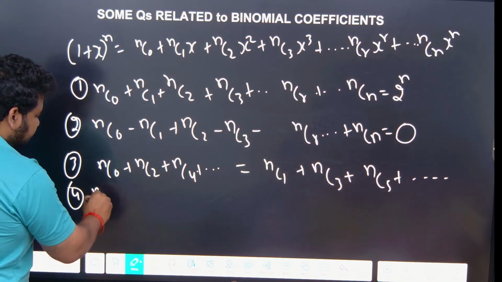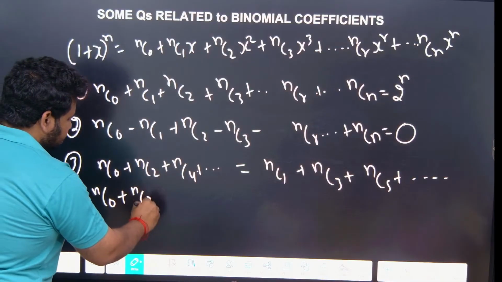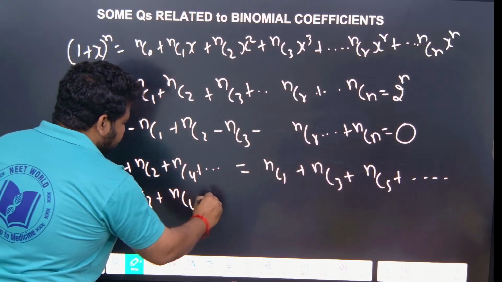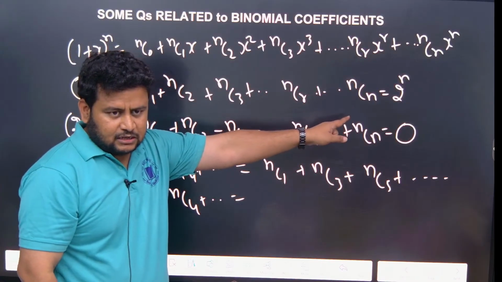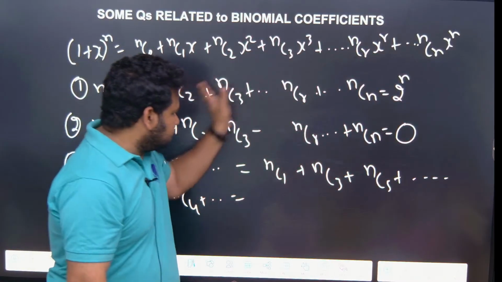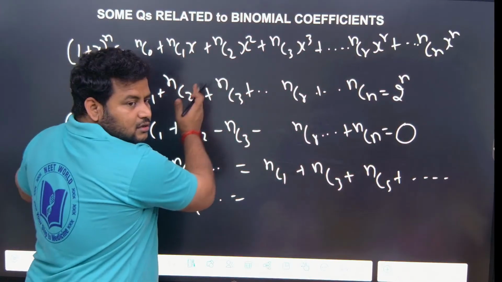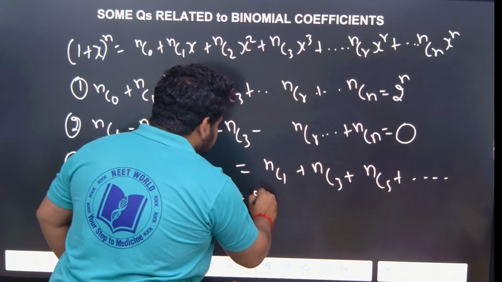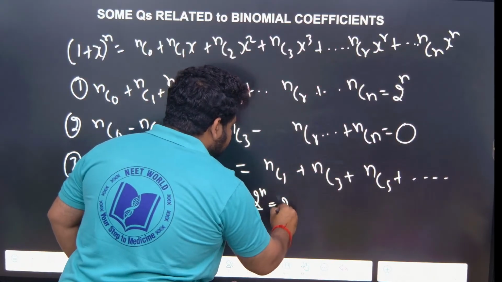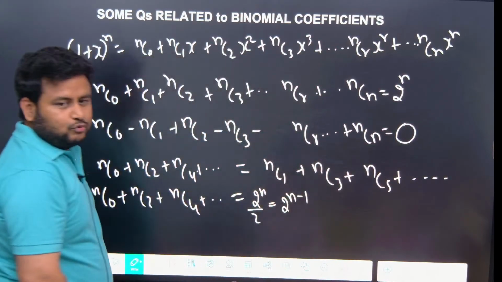If I write nC0 + nC2 + nC4 up to some term, this is nothing but equal to what? 2^n is there, and this is half of it. Out of these, the even terms alone are half of this. So 2^n by 2, or I can write it as 2^(n-1).